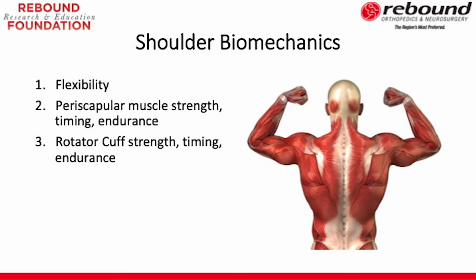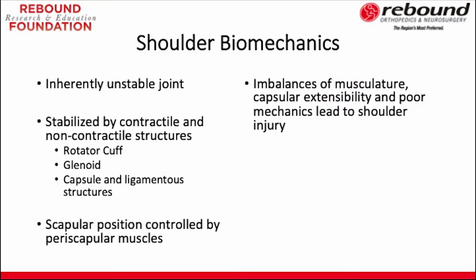There can also be flexibility issues in the musculature; typically the pecs and the lats are the biggest culprits. And when you're looking at strength issues, it's the periscapular muscles as well as the rotator cuff. It's not just their overall strength, but how they fire, and how their endurance is when they fire.